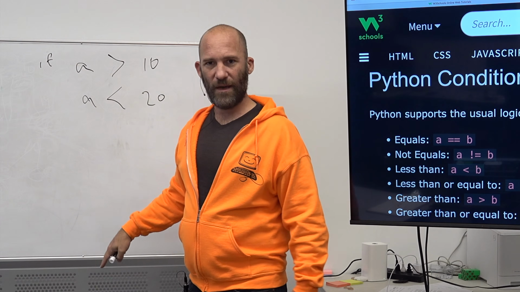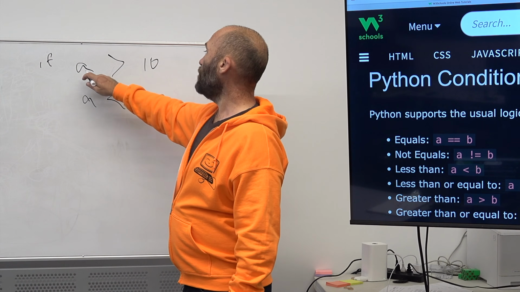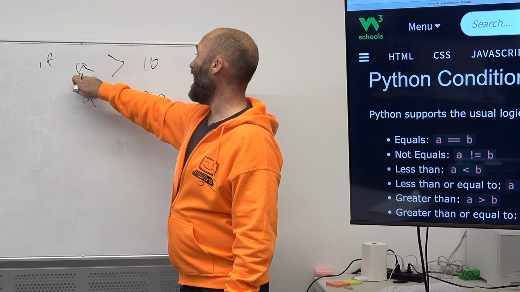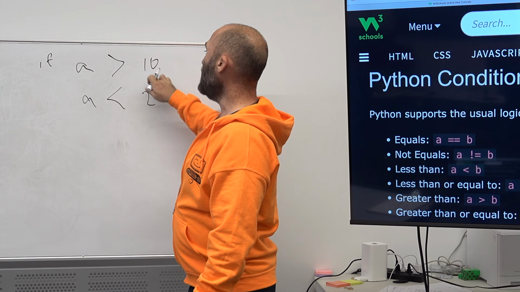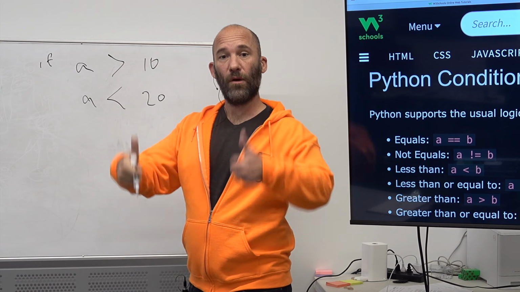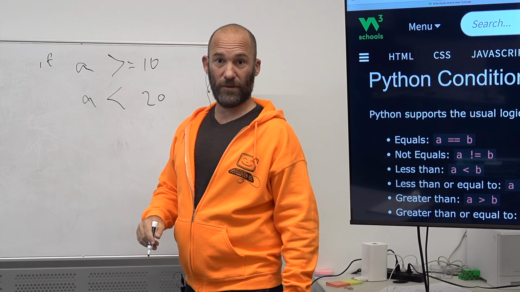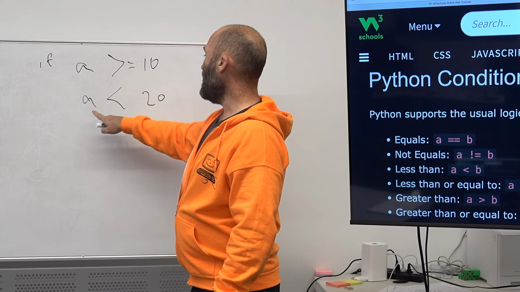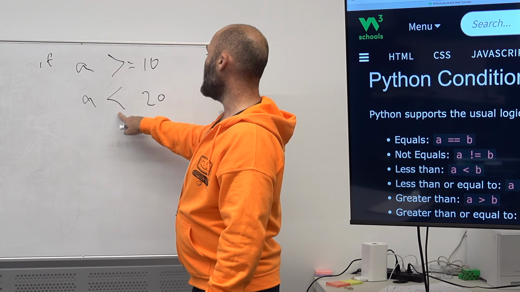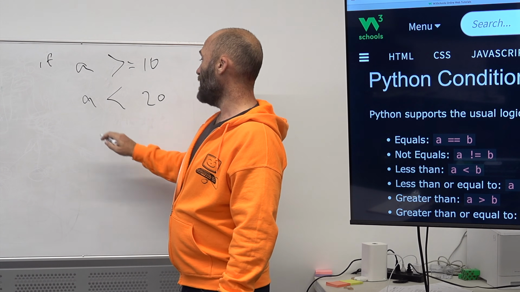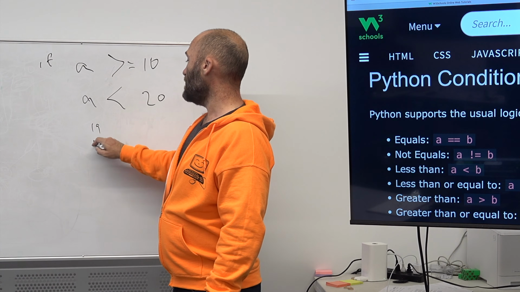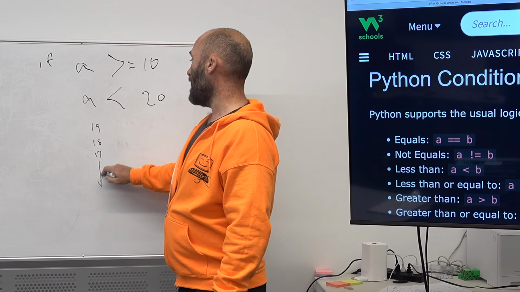Therefore, you will go to the else statement. If you want to check whether A is greater than or equal to 10, so basically 10 or above, you would use greater than or equal to. If we say if A is less than 20, that means we're trying to see if A is 19, 18, 17, and so forth.